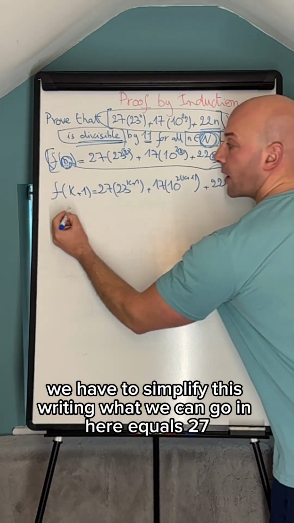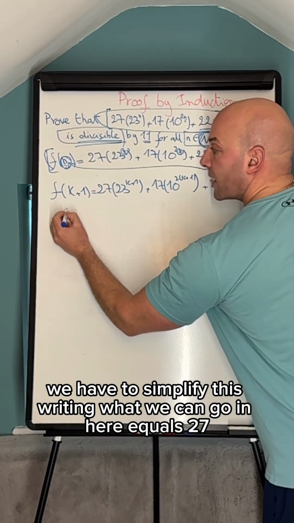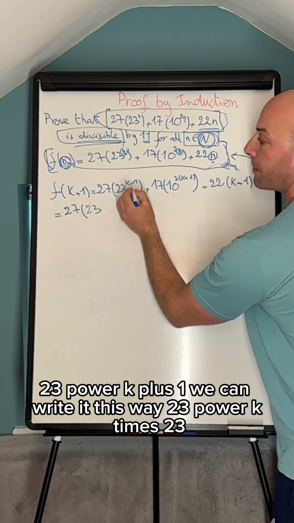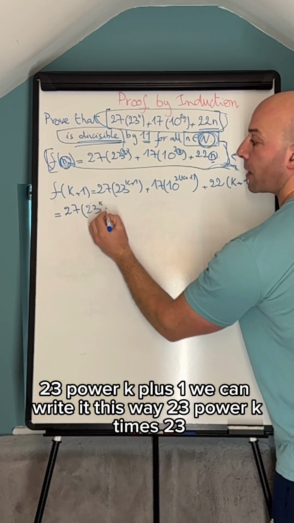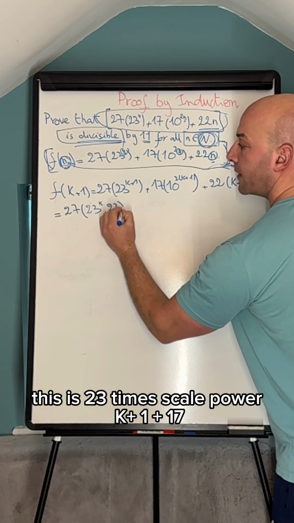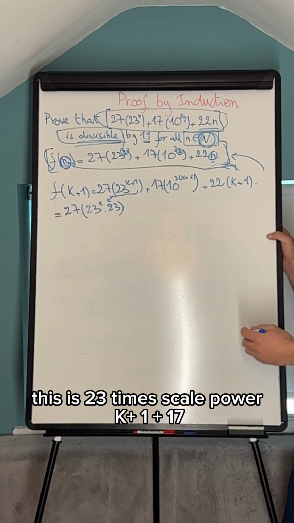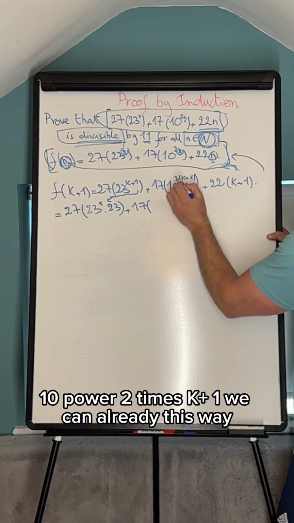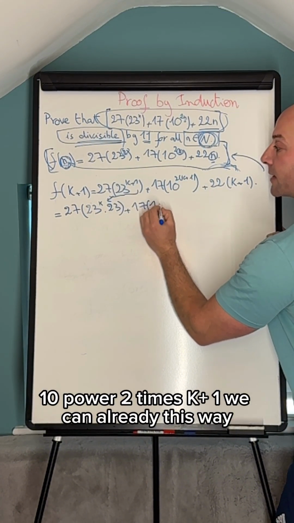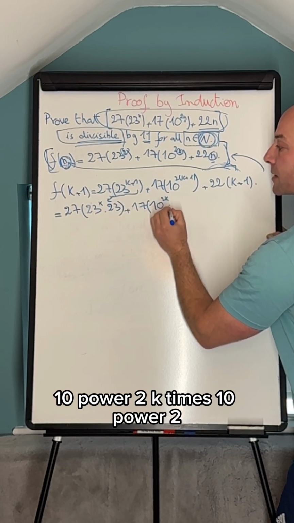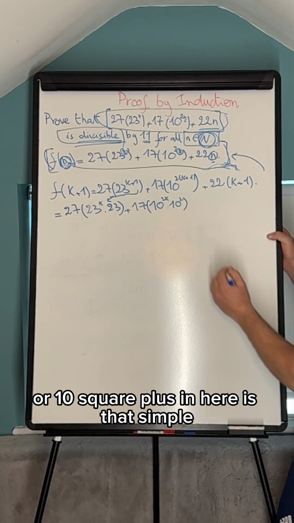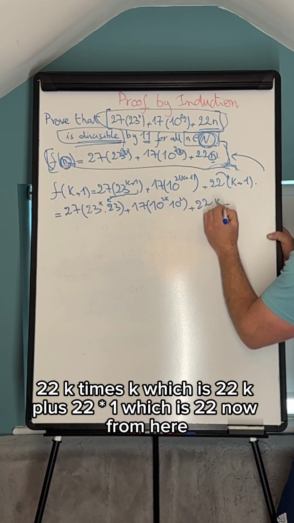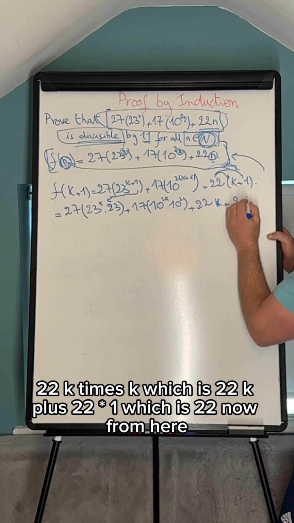All we have to do first, we don't have to worry about anything, we have to simplify this writing. What we can do in here, equals 27 times 23^(k+1), we can write it this way, 23^k times 23, plus 17 times 10^(2(k+1)), we can write it this way, 10^(2k) times 10^2, or 10 squared, plus, that simple, 22 times k, which is 22k, plus 22 times 1, which is 22.